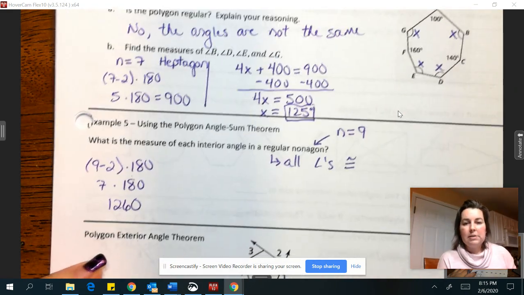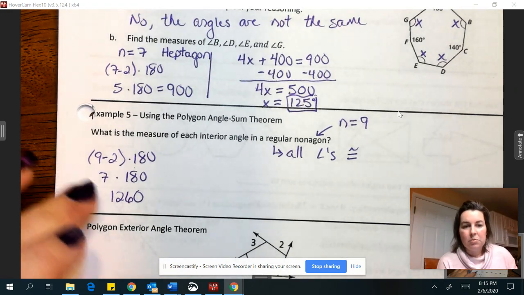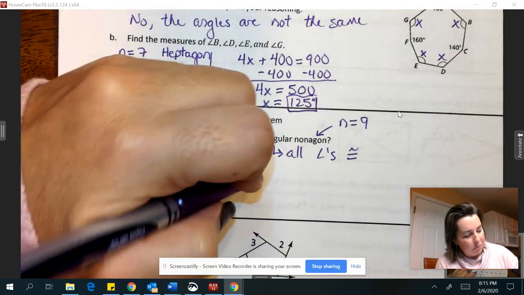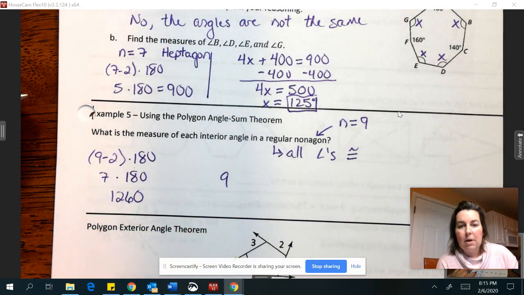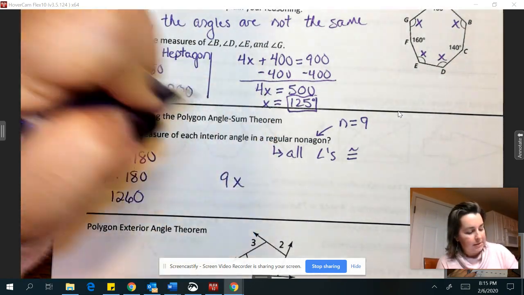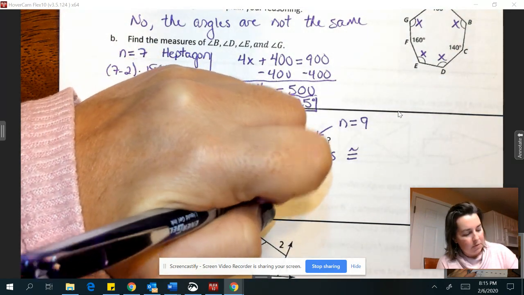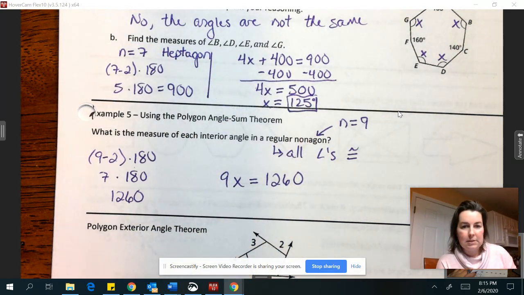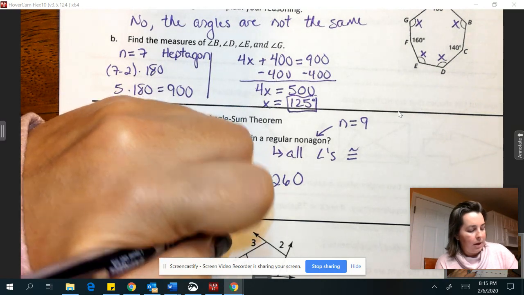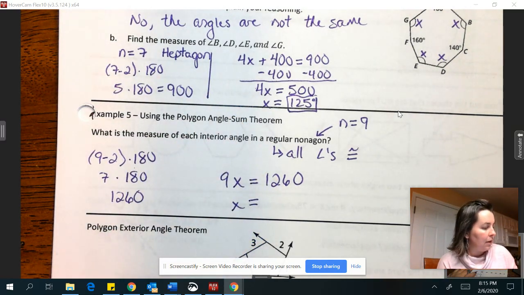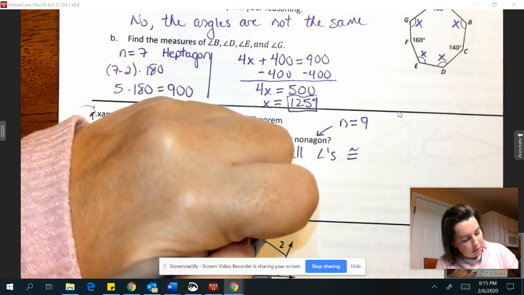So we have all these 9 angles that have to add up to 1,260. If you want to write that as an equation, you would write 9x equals 1,260. And dividing by 9, you'd get that each of the angles would be 140 degrees.